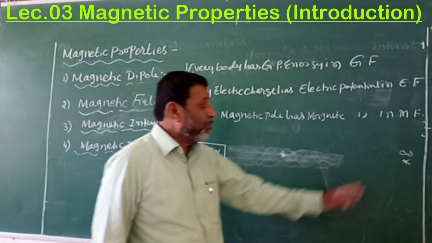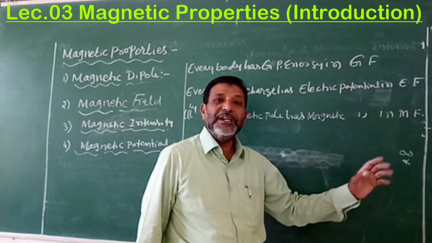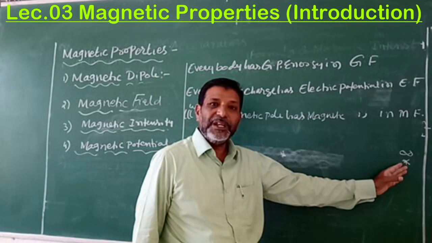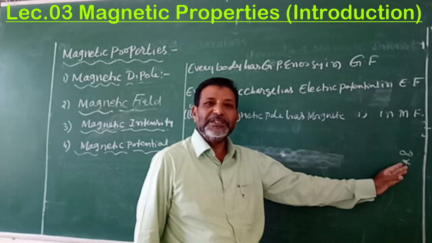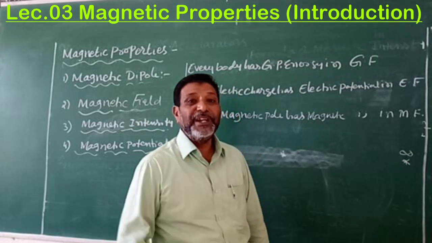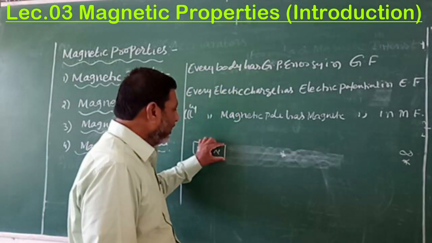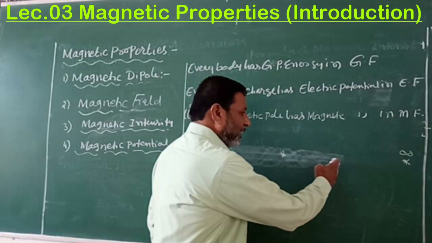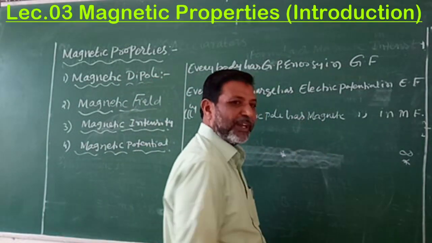Then which point will be taken as the point of infinity? I think I had made it clear that the point where the magnetic field is zero is taken as the point of infinity. If you have a magnet here, this magnet produces the magnetic field only up to a certain extent. Beyond that, you never find the magnetic field.